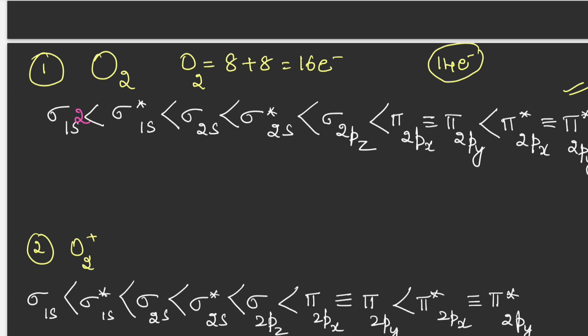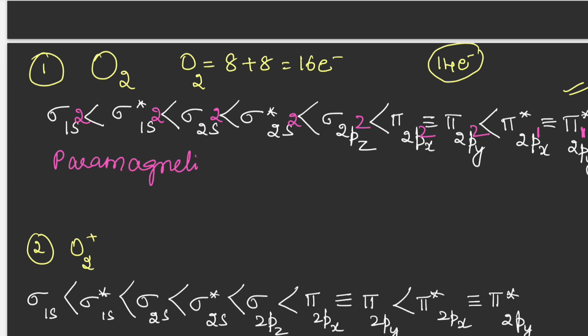So 2 here, 2 plus 2, 4, 6, 8, 10, 12, 14. Since it is a degenerate orbital, 1 electron here and then 1 electron here. So totally 16 electrons. Students, whenever unpaired electrons are present, we call it paramagnetic. So now O2 is paramagnetic in nature.